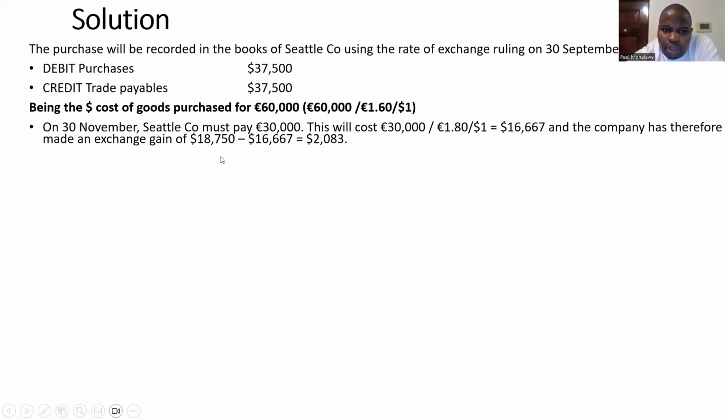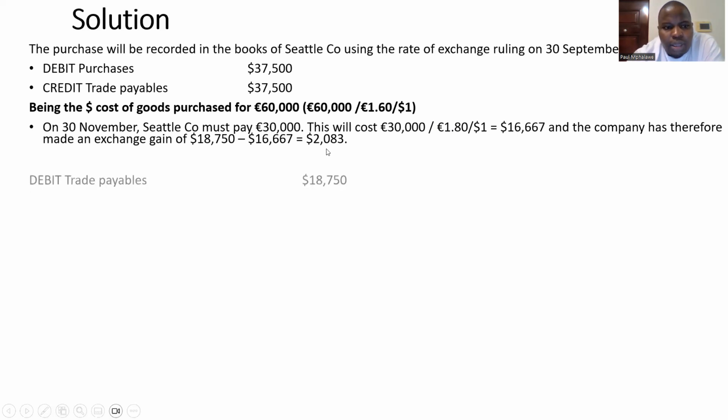It was supposed to pay 18,750, but it paid 16,667. Where is 18,750 coming from? We take 30,000 euros divided by 1.6, that is 18,750. But the rate moved to 1.8, which means fewer dollars to be paid, a gain in dollars.